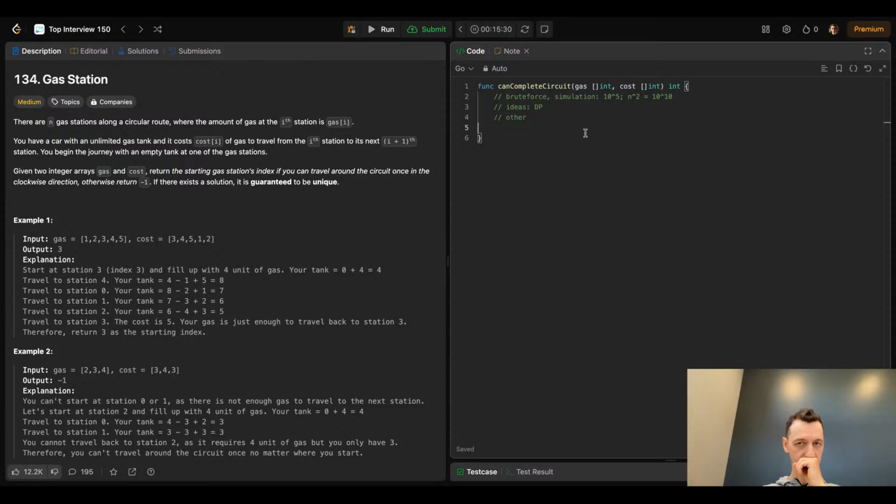That's kind of the math. You have some extra gas to deal with those net negative segments.